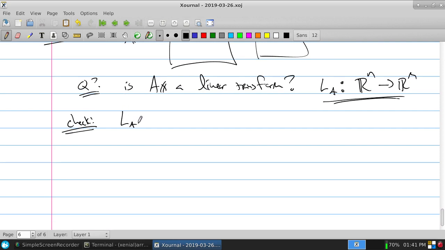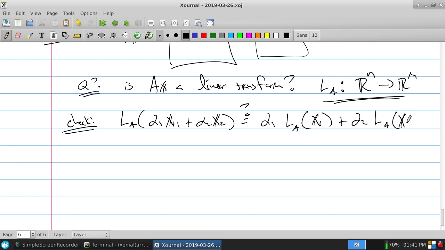So how do we check those things? I need to take the linear transform and take alpha 1, x1 plus alpha 2, x2, and check if this is alpha 1, the linear transform of x1 plus alpha 2, the transform of x2. Are these equal? Well, first off, how do you do the transform? You just multiply by A. That's what we were doing.